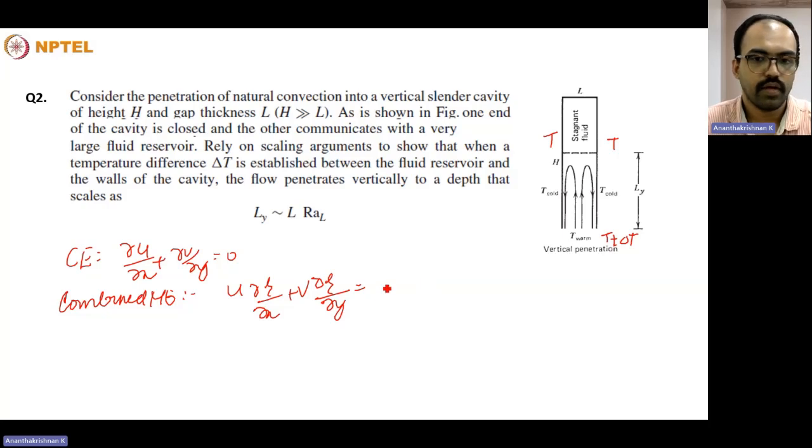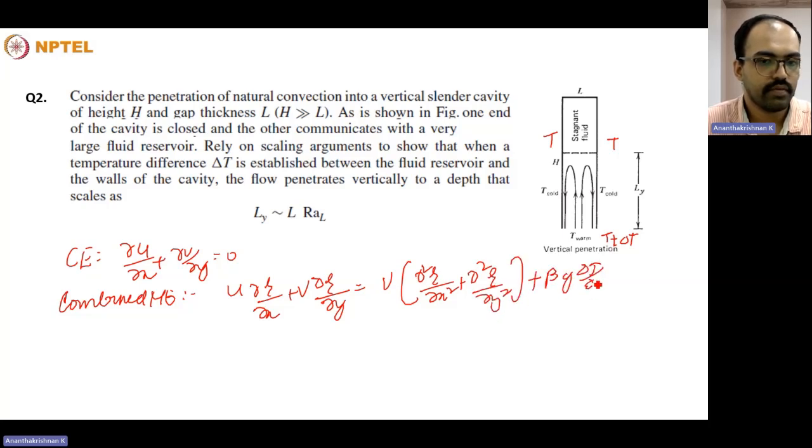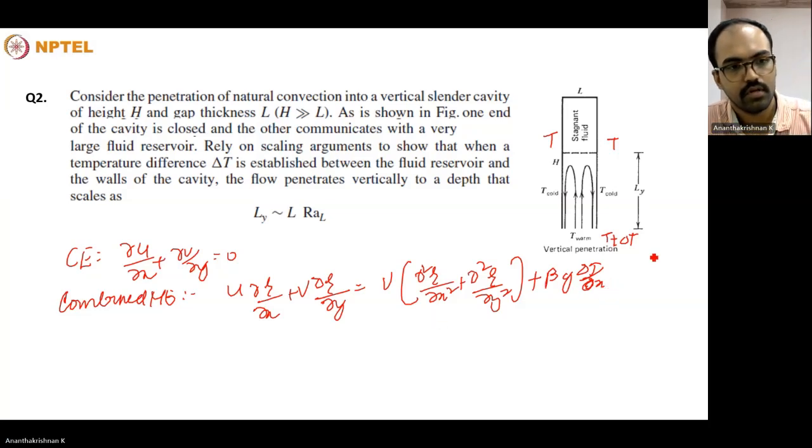Dou eta by dou y equals mu times dou square eta by dou x square plus dou square eta by dou y square, plus g beta delta T divided by dx. So this is the x direction and this is the y direction.